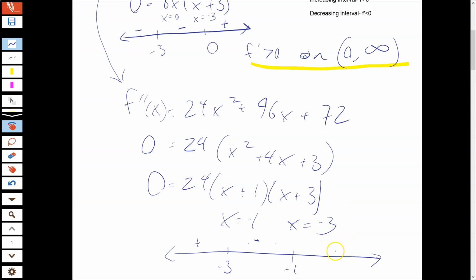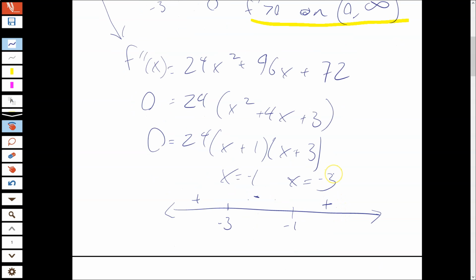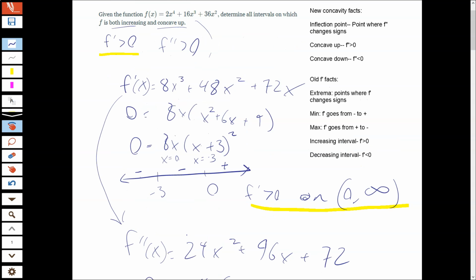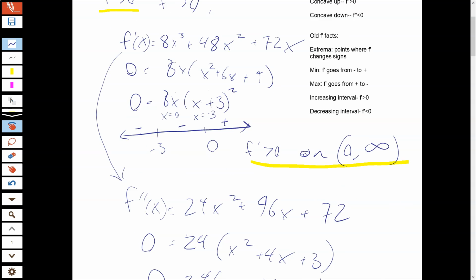And then over here, so bigger than -1, I'll plug in 0. I get positive, positive, positive. So positive here. Okay? So what we're looking for is concave up, right? So f double prime bigger than 0.